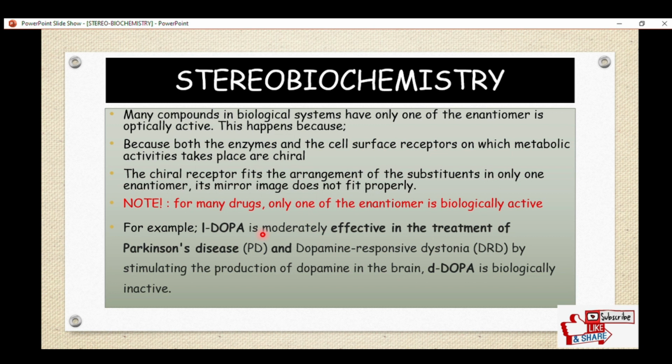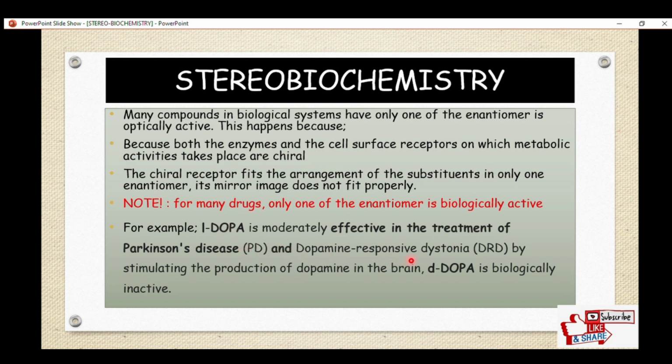Dopamine is able to cure Parkinson's disease, and it is optically active because it's a drug. So we have L-dopa and D-dopa. L-dopa is moderately effective in the treatment of Parkinson's disease, and D-dopa is biologically inactive. So the body does not respond to D-dopa, but rather what? It responds to L-dopa. That's how it's able to treat Parkinson's disease.